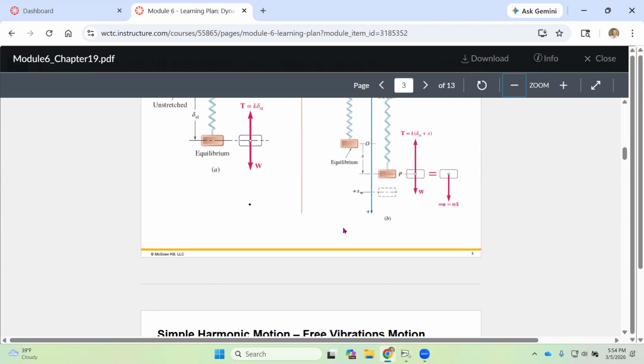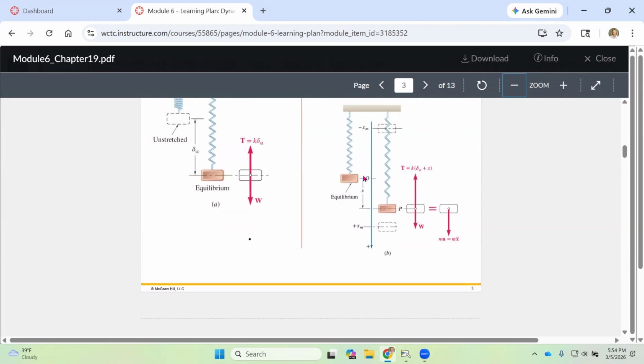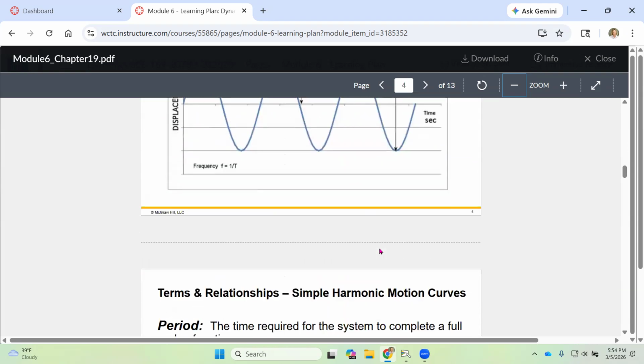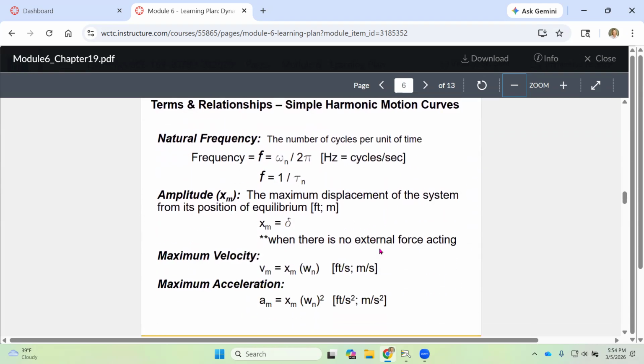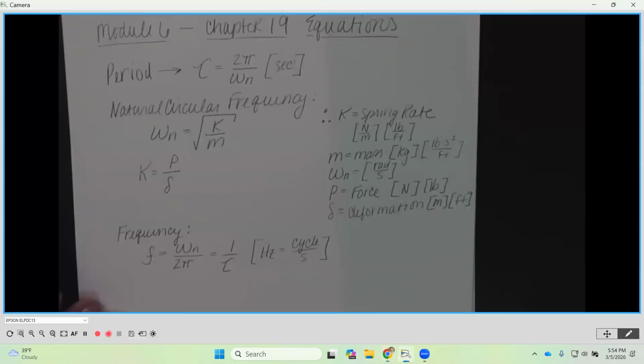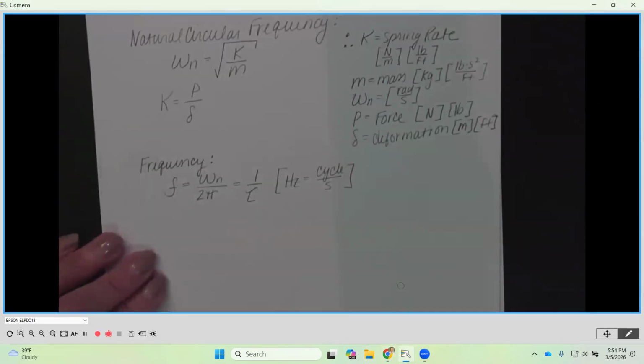If we go back one more, it's this distance right here. So if it naturally sits at this point at zero at equilibrium and then we pull it down, this is amplitude. How far did we go? Okay. So amplitude is a distance, and it can also be equal to deformation when we don't have an external force acting.